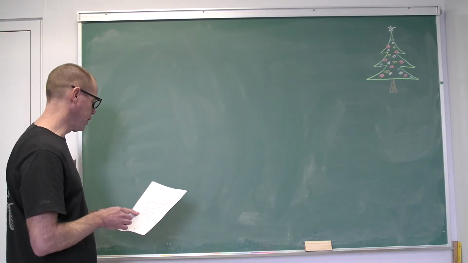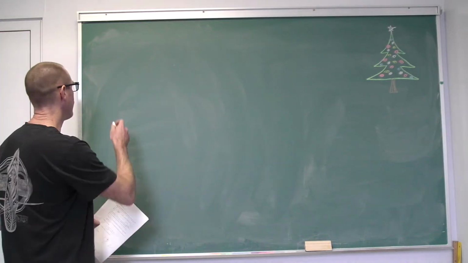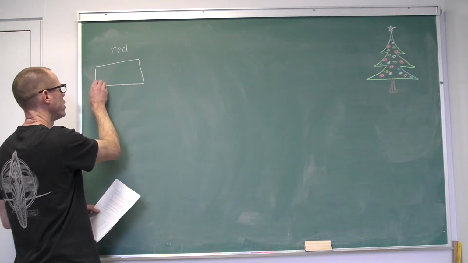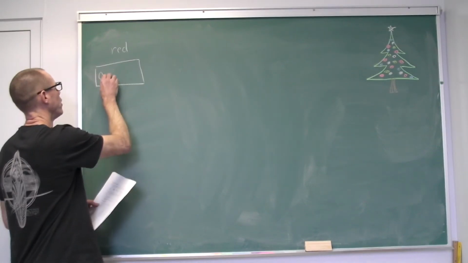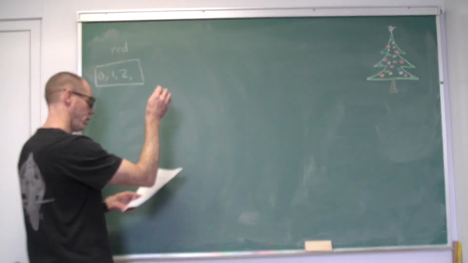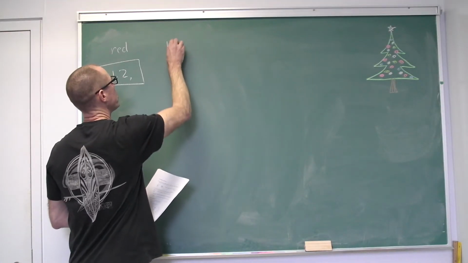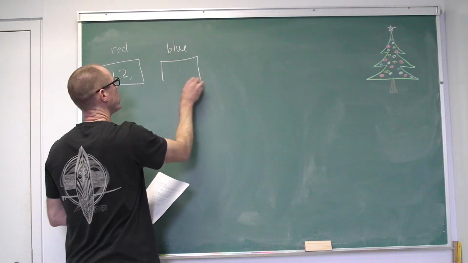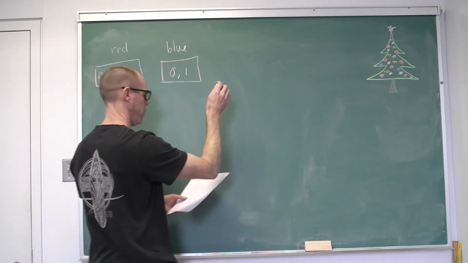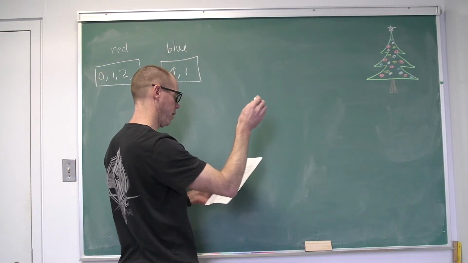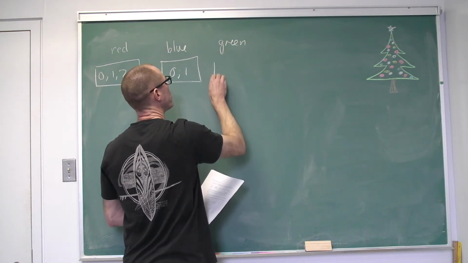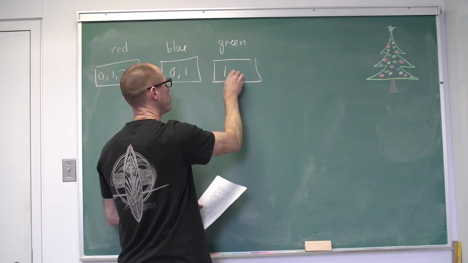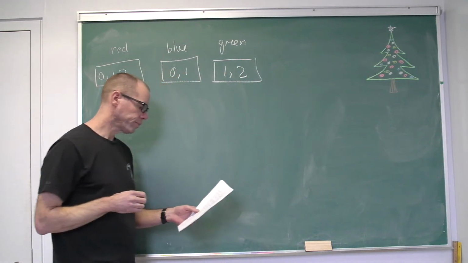In question 19, it says that you have a red box that contains three numbers, 0, 1, and 2. You have a blue box which contains two numbers, 0 and 1, and you have a green box which contains two numbers, 1 and 2.